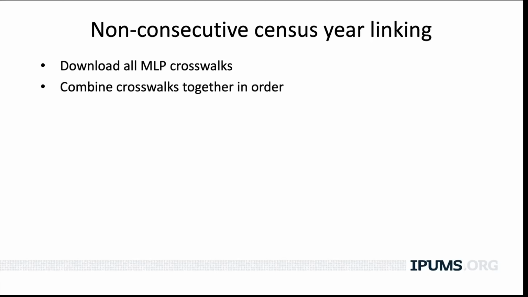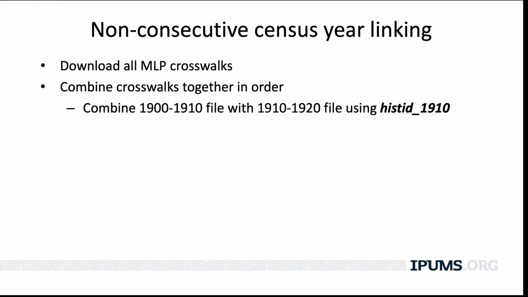So, for example, if we're linking 1900 to 1940, the first step is to link the 1900 to 1910 MLP crosswalk to the 1910 to 1920 MLP crosswalk. And to do that, we're going to use the same rule as what I just described for the IPUMS extracts and the MLP crosswalk. You use hist ID and the common year in both files.